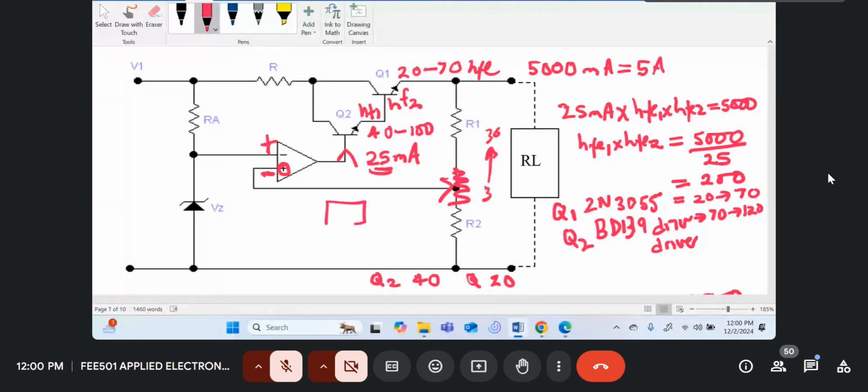So this would be one. This is 0 volts. So this is the output, and this will be another. So this can be maybe plus 40 volts here, minus 40 volts here. So this one will give us our minus voltages.